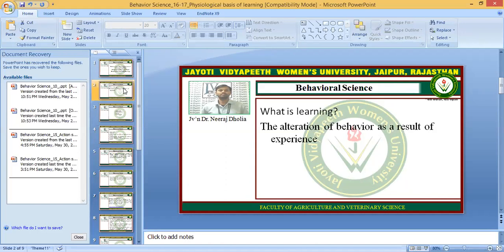That alteration in behavior is known as learning. For example, you have learned English speaking, and it is represented in your behavior. So that is learning.